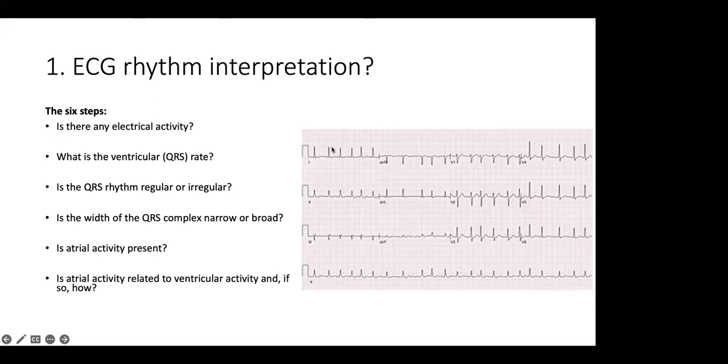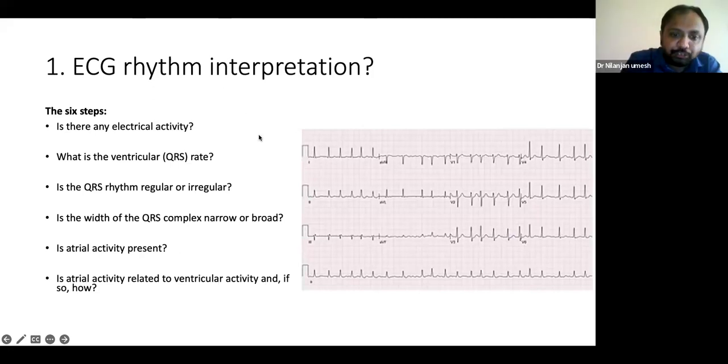Okay, if you're unable to speak, then you can put your answer in the chat box.